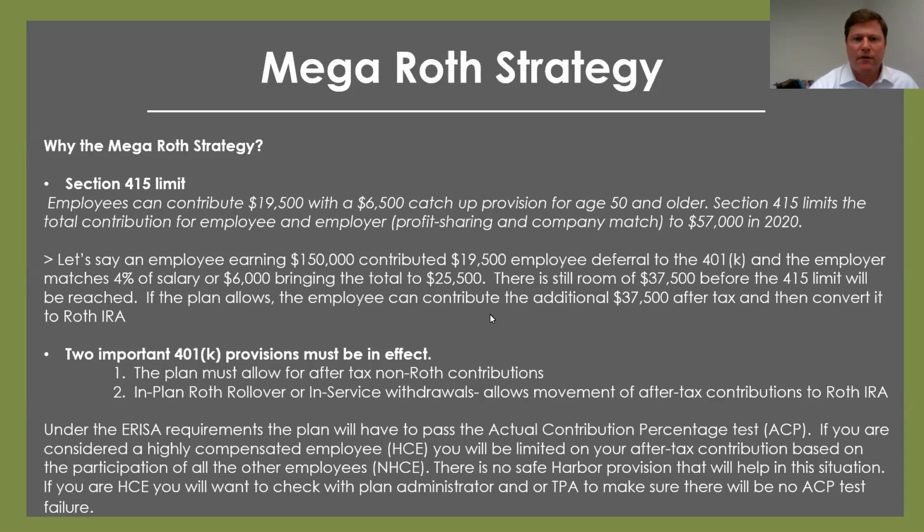There's still room there of $37,500 before we reach the 415 limits. The plan, if it allows, will give you the ability then to make an after-tax contribution of up to $37,500 and then convert it to a Roth IRA while you're still working, which is also important to note.